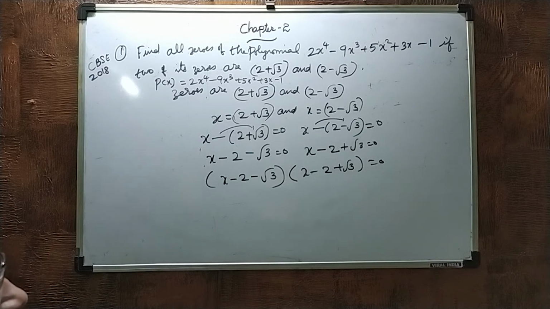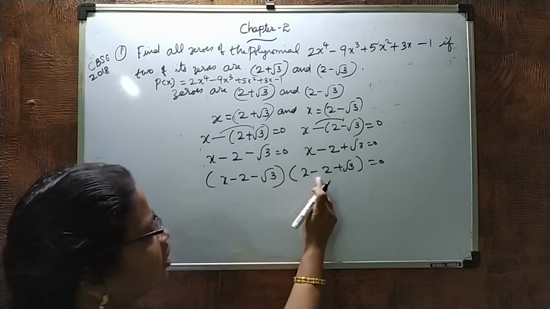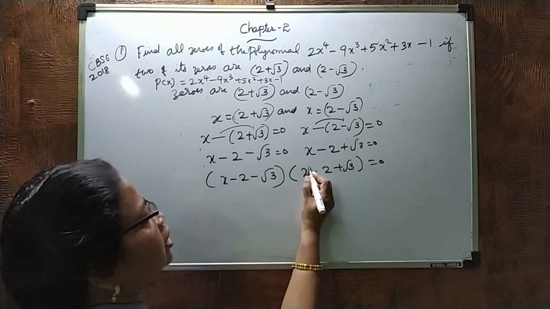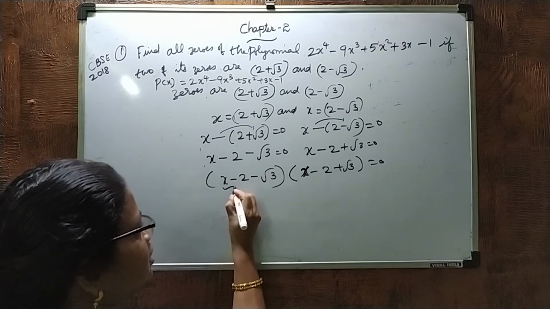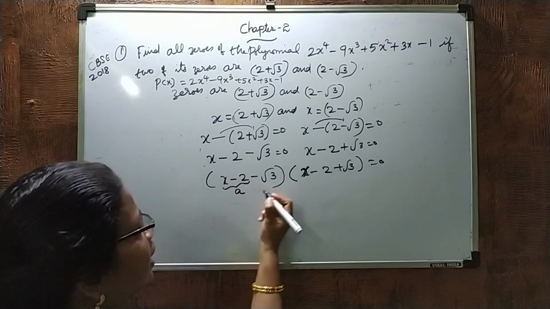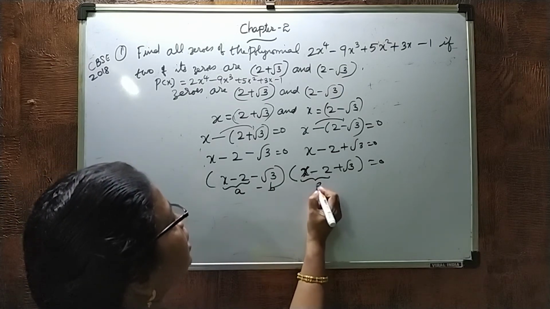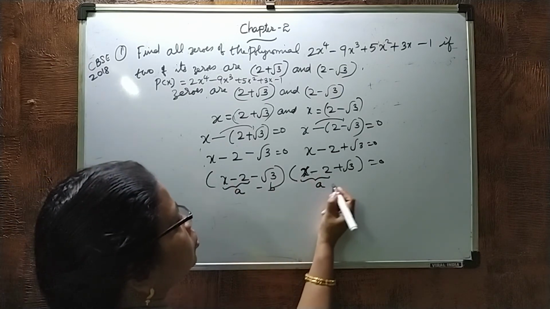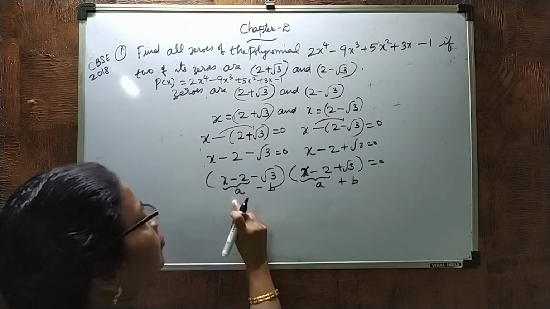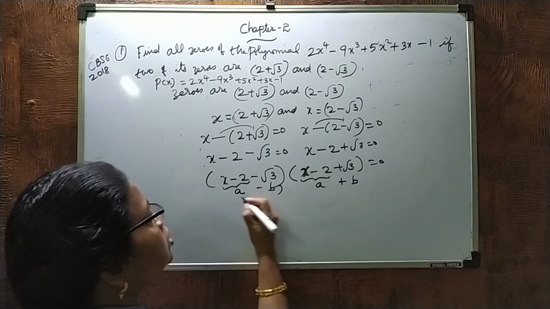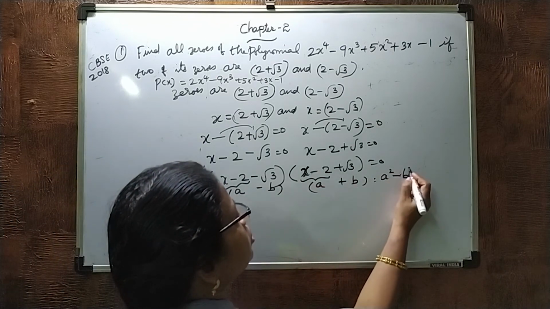If you look thoroughly you will get it. Take x minus 2 as a, and b is root 3. Now a minus b into a plus b gives a square minus b square.